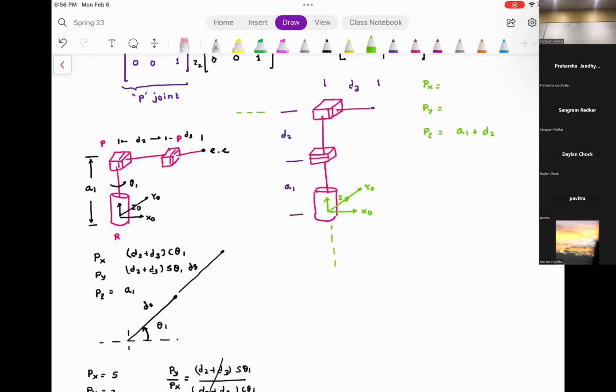And what do you see? You see just D3, right? And this angle is theta 1. So do you agree with me? Px is going to be D3 cosine theta 1. Py is going to be D3 sine theta 1. Are you with me so far?